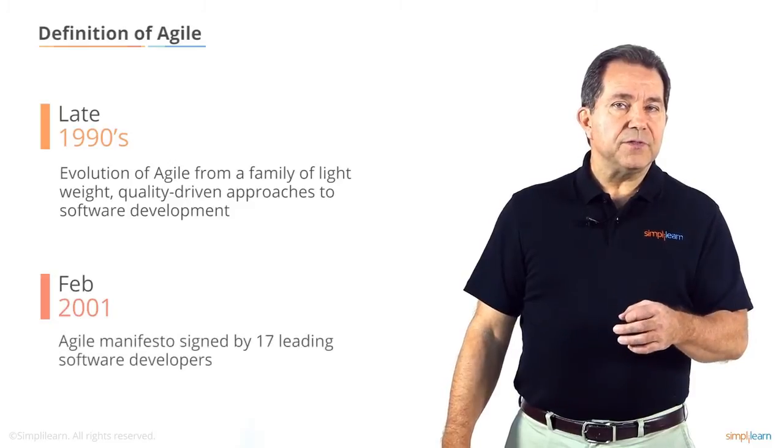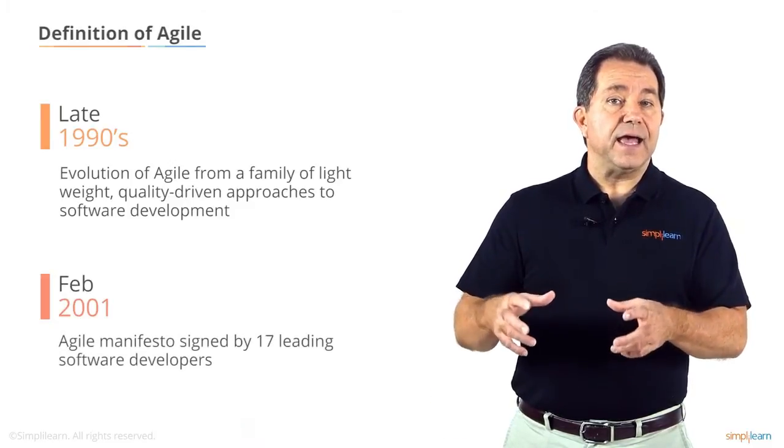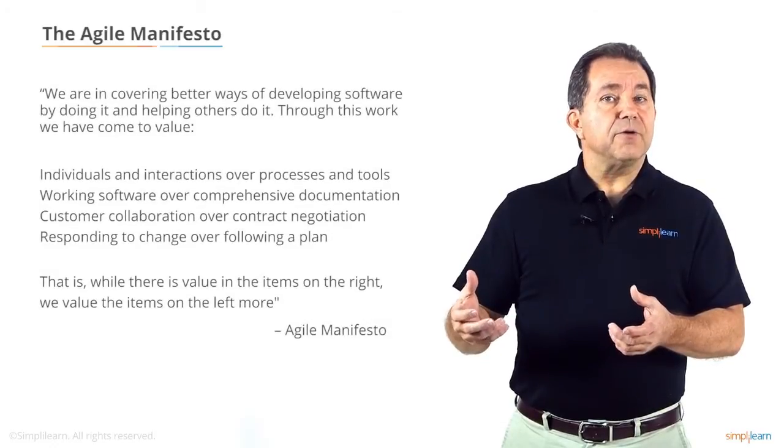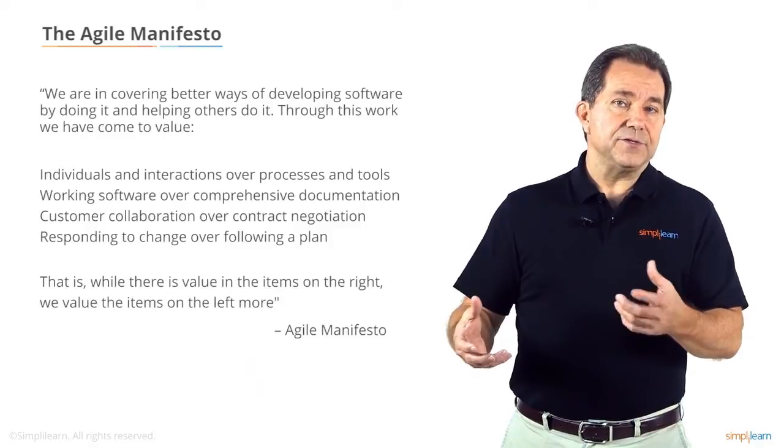In February 2001, 17 leading developers signed the Agile Manifesto. The Agile Manifesto is a foundational document for all Agile methods. And it reads like this. Quote, we are uncovering better ways of developing software by doing it and helping others do it.